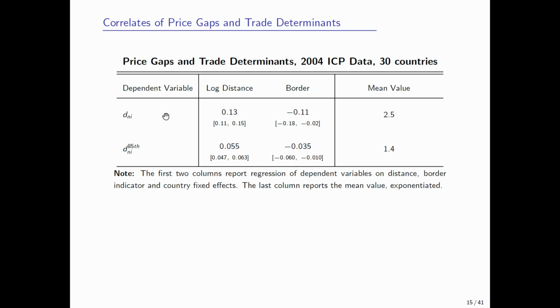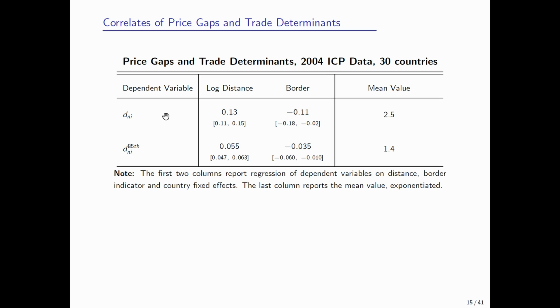Distance and border, right? Typical thing that you do in a gravity equation of trade. Well, the coefficient estimates that we get on distance and border are actually quite comparable to what you would get if you were to run a gravity equation of trade. So these are very well estimated parameters. They are comparable in magnitude.